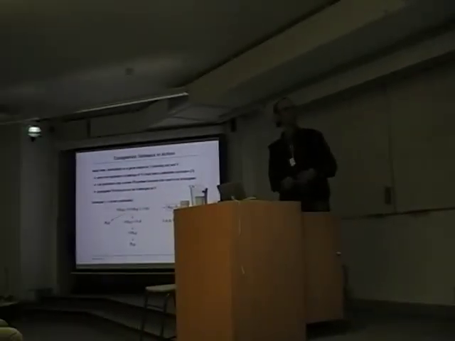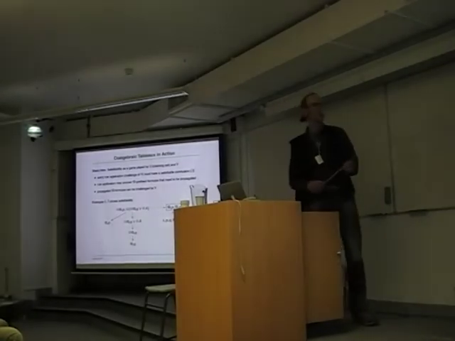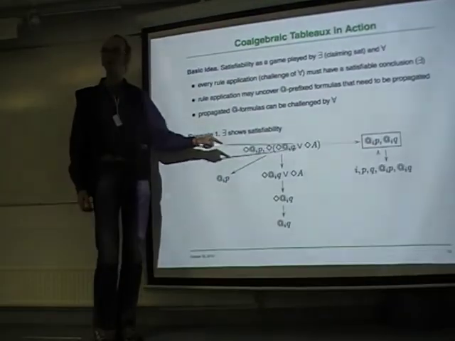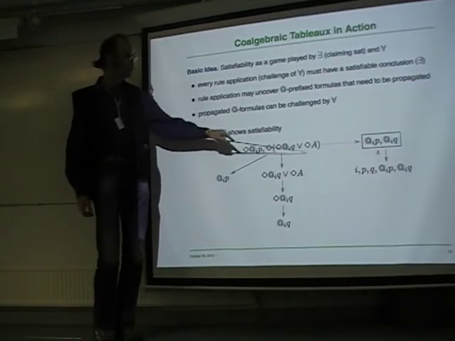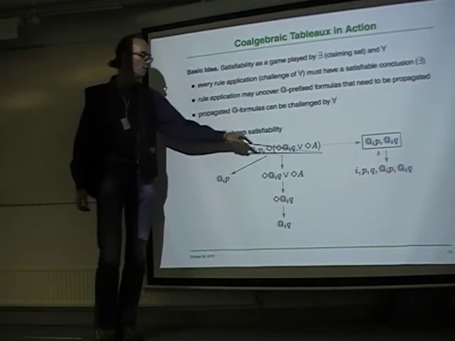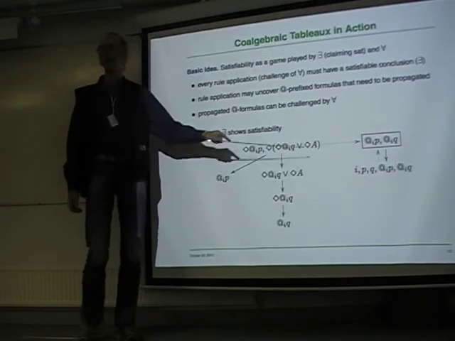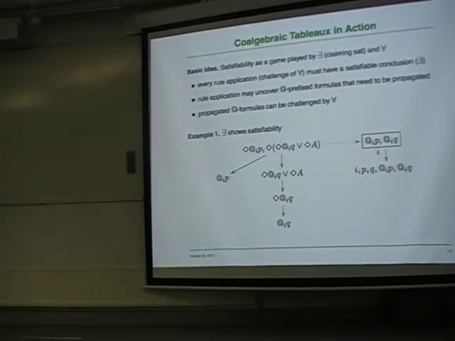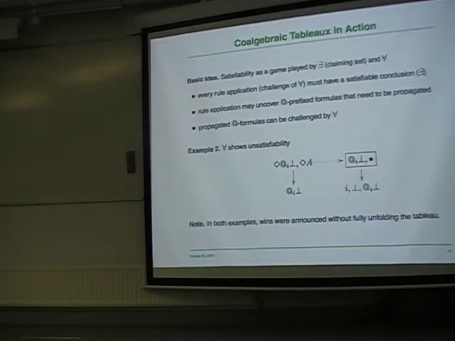So for bureaucratic reasons, I have to add these two. So here I have a setup where I've done no guessing. Also, I haven't unfolded the possibly complicated bit here, which means that I can get an answer before having constructed a full proof tree.